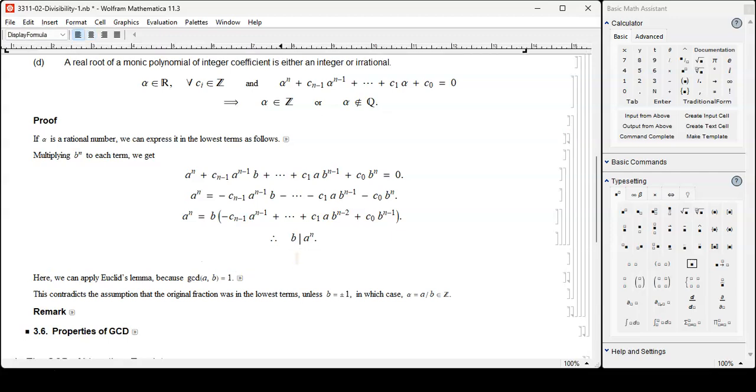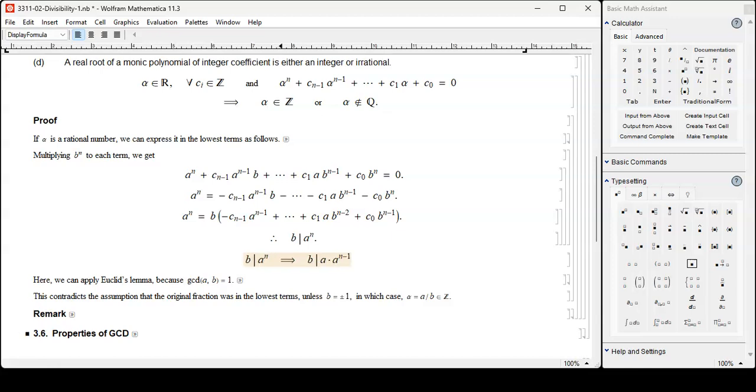How do we apply Euclid's lemma? b divides a to the nth power means b divides a times a to the n minus first power. Now, a and b are relatively prime, right? So these two have nothing to do with each other, so b must divide the other one. If it divides the nth power, then it divides the n minus first power. Nice reduction. We can do this again.